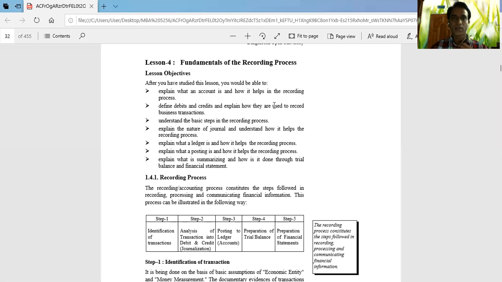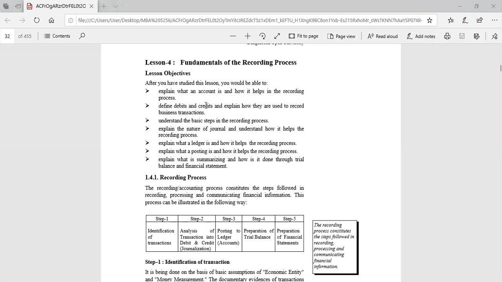Today, I discuss fundamentals of recording process. Listen, objectives. If any student starts this lesson, then they know how to record transactions in accounting books. Number two, he knows how to define debit and credit.